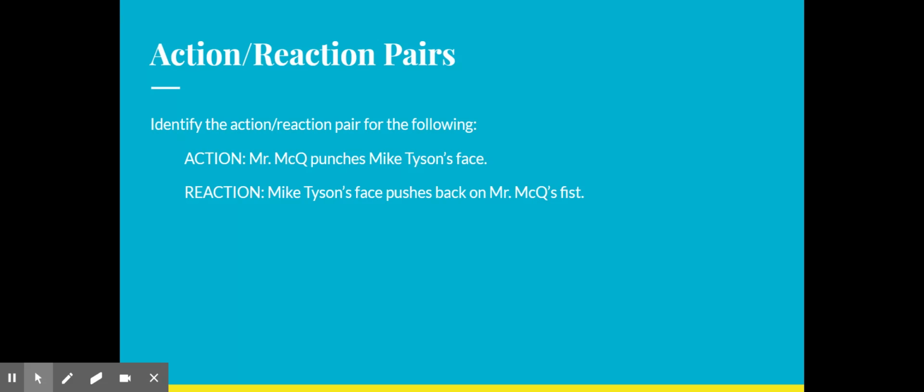There's a reason why I picked a notable puncher for this example. Because yes, if we were talking about cause and effect, and I was trying to trick you up there and say, hey, that's going to be the cause and effect, the reaction is really his face slowing down my hand as I'm punching him.